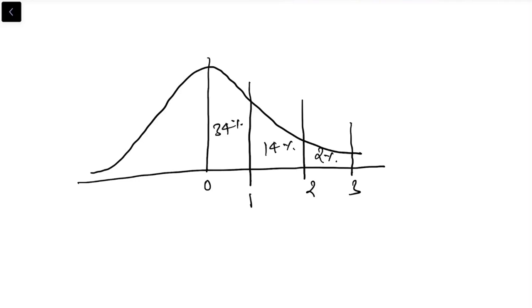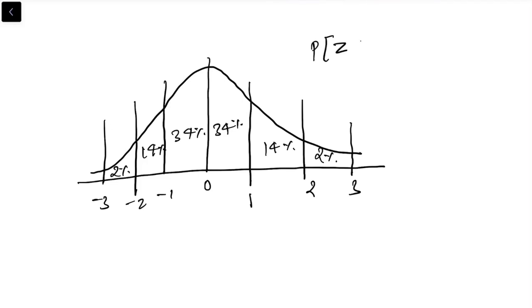And similarly on the left side, if you move -1, this is 34%, -2, this is 14%, and -3, this is 2%. Okay, so Six Sigma rule still applies in the standard normal. So now we can say that the probability z less than 0 is 0.5, and probability z greater than 0 is also 0.5. All right.